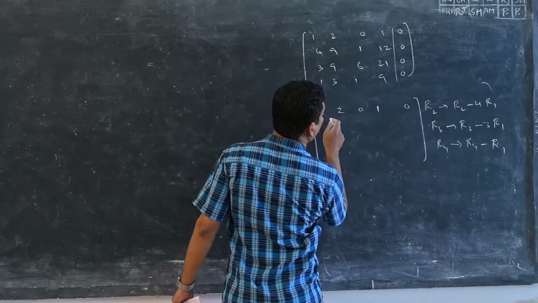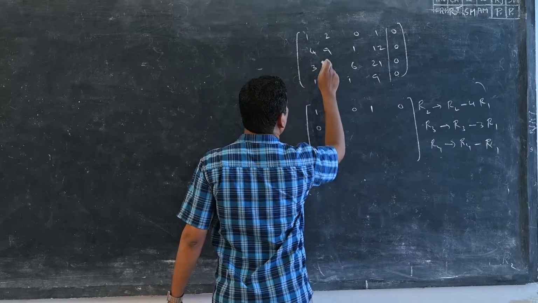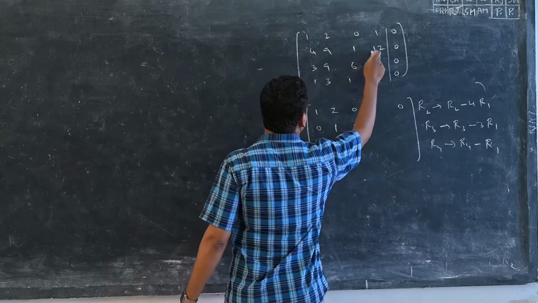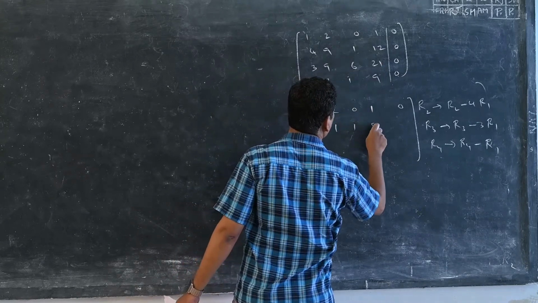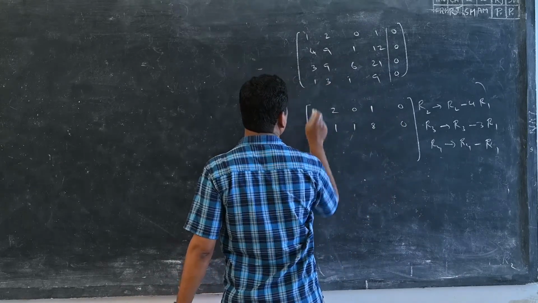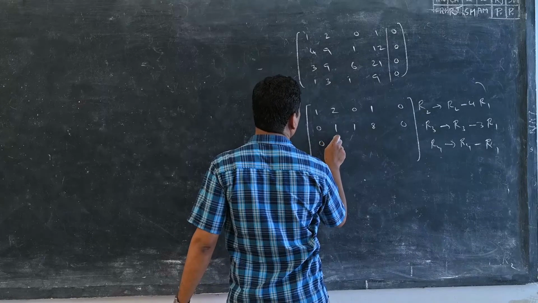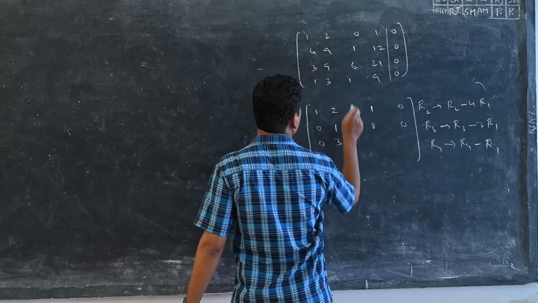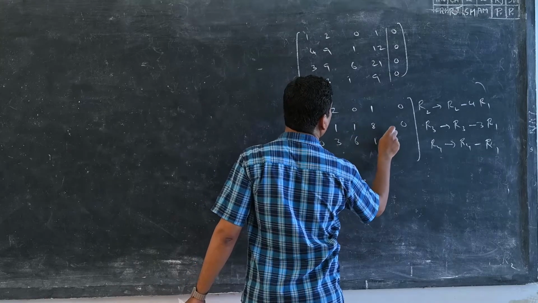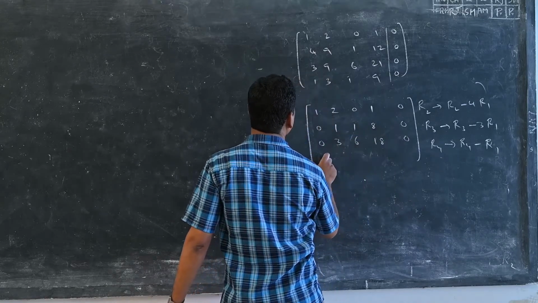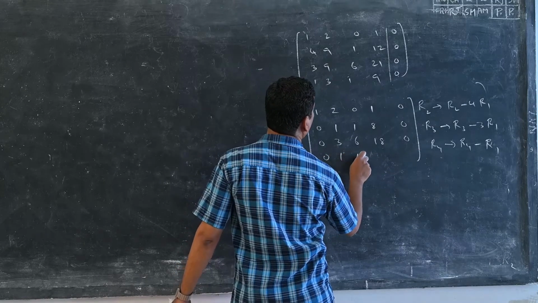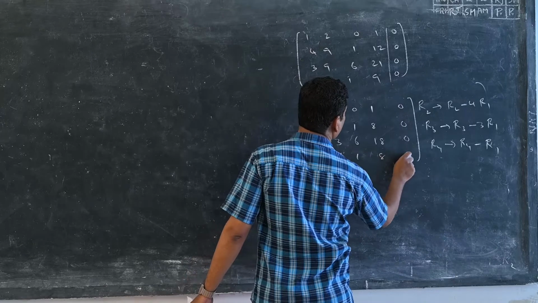This R2 minus 4R1: 9 minus 4 into 1 is... 1 minus 12 is minus 8... 0. 3 minus 3 into 1, 9 minus 6, 3. 6. 21 minus 3, 18. 0. 1 minus 1, 0. 3 minus 2, 1. 1. 9 minus 1, 8. 0.